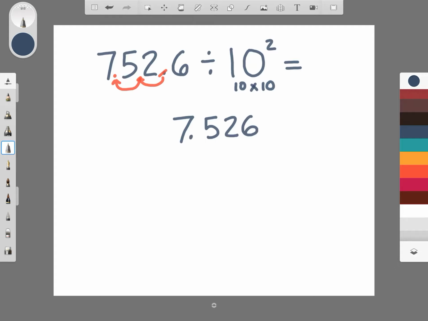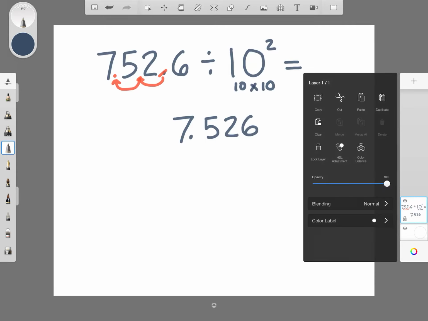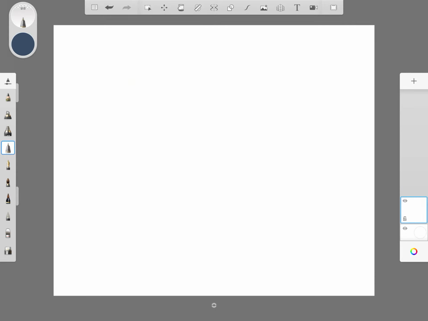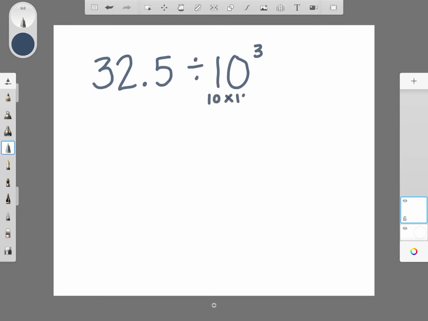Let's try one more. I'm going to go ahead and clear that so we have more room. Let's try 32 and 5/10 divided by 10 to the third power. Remember, 10 to the third power is the same as 10 times 10 times 10. We have 3 tens that we're multiplying by this.